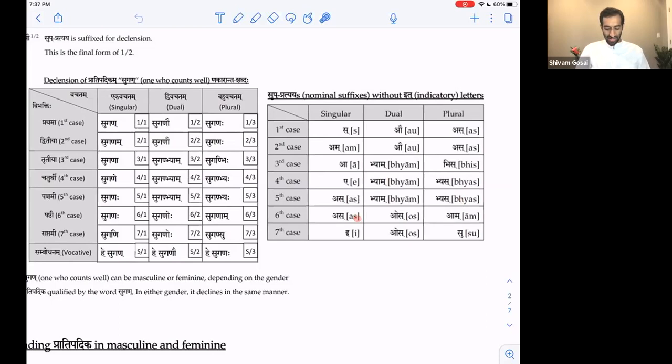Again, suganaha, suganoho, suganam, sugani, suganoho, sugansu. Then he sugan, he sugano, he sugana.